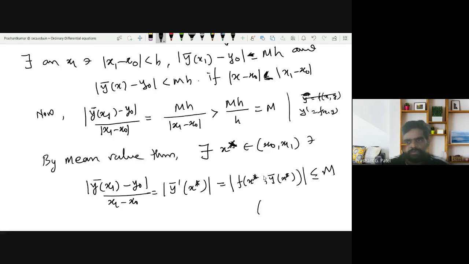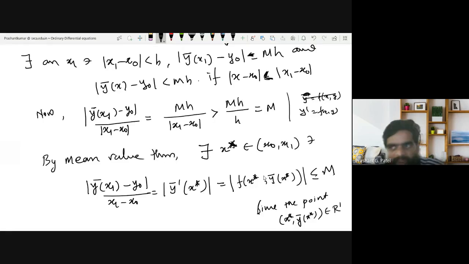Since the point x star, y bar of x star is in R dash, this is a contradiction with the fact that this statement says it is greater than m, while this statement says it is less than m. So it will give you a contradiction.